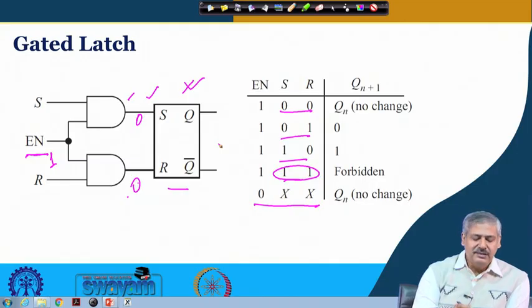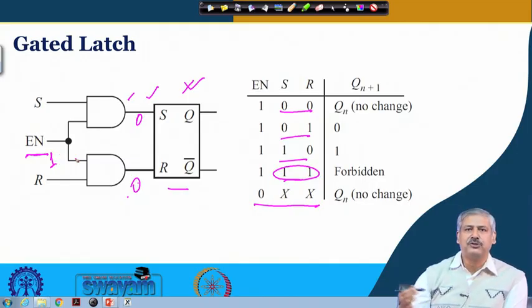We are only allowing it when it is enabled. It is like a strobe, the kind of thing that we had used before for multiplexer and demultiplexer circuits, if you remember. So, this circuit is made to work only when enable is at 1.